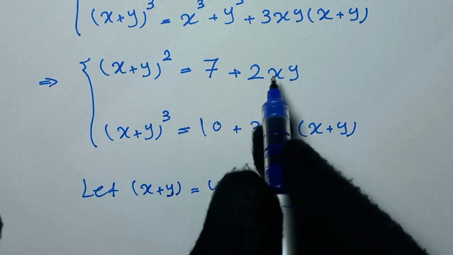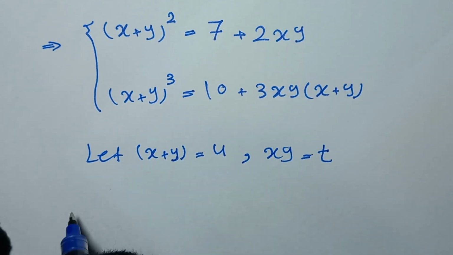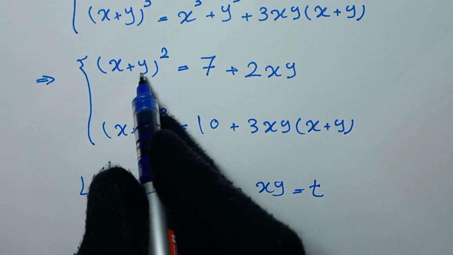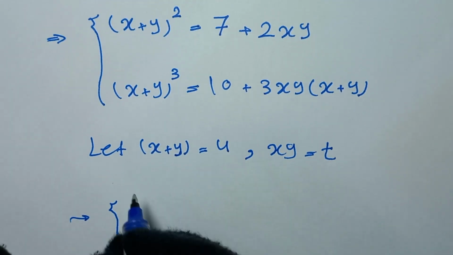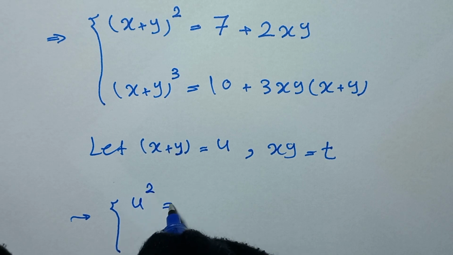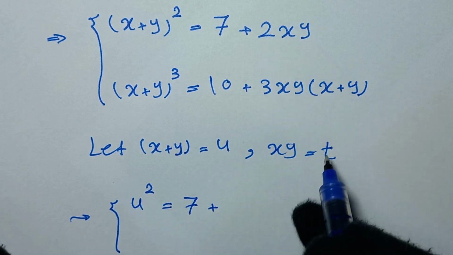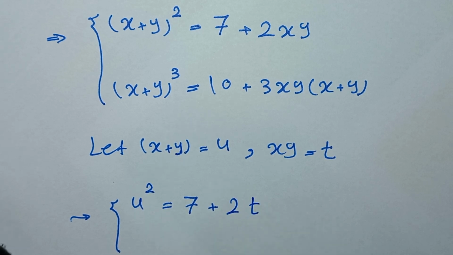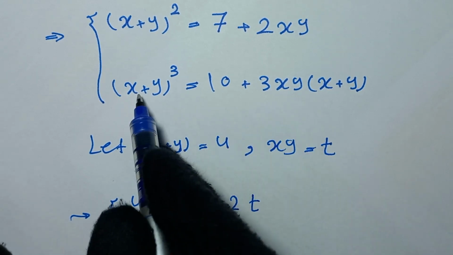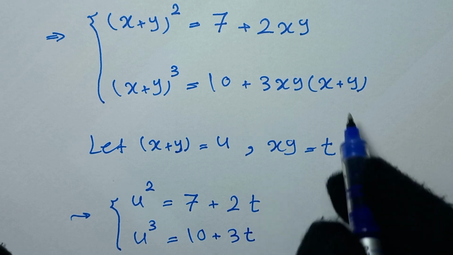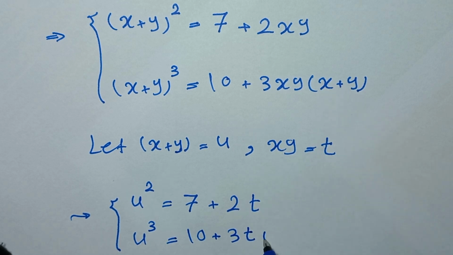And we substitute in these two equations and rewrite. (x plus y) to the power of 2 will be u squared, which is equal to 7 plus 2xy, which will be 2t. And for this equation, (x plus y) to the power of 3 will be u cubed, which is equal to 10 plus 3xy, which will be 3t, and times (x plus y), which will be u, right?